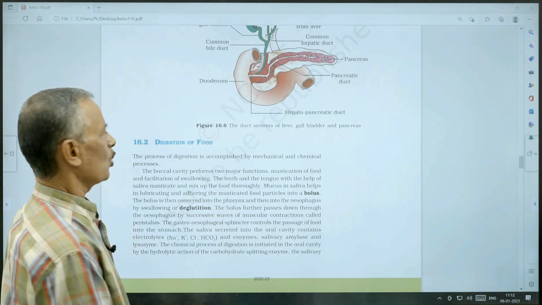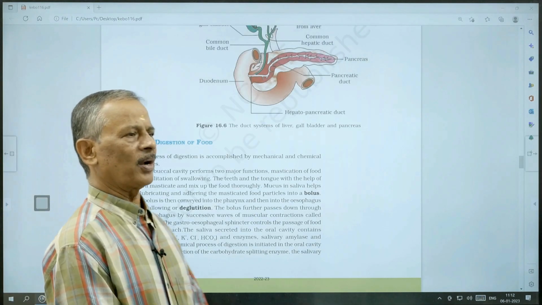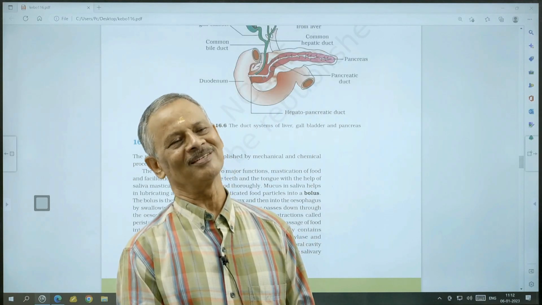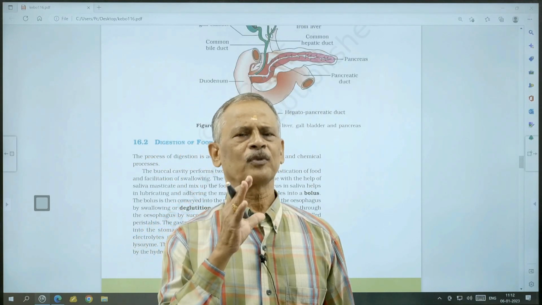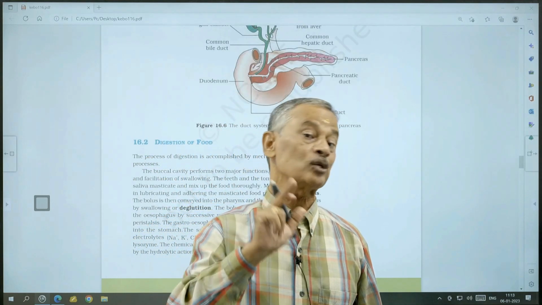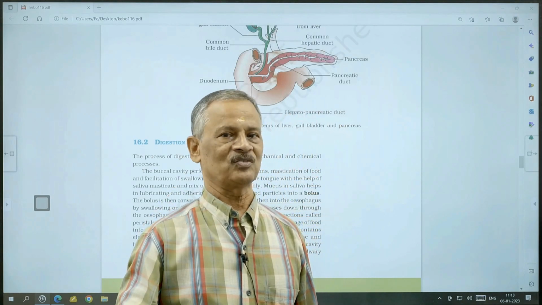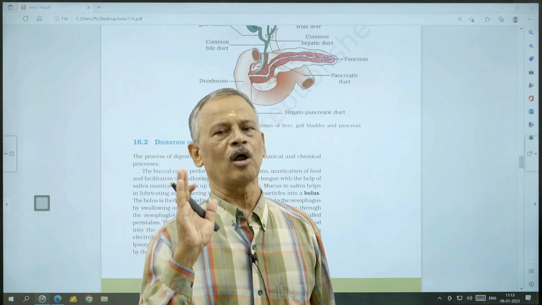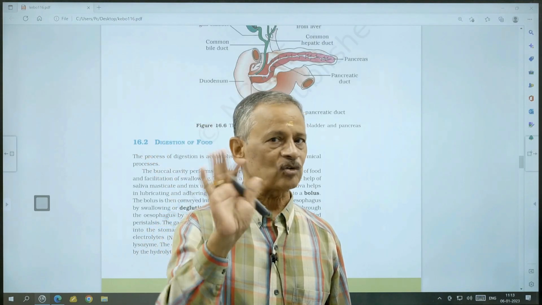Food remains in the buccal cavity only for a short time, so our digestion is never complete. It is only partial. Only carbohydrate is digested, and that too, 30% of starch is broken down into disaccharide. Digestion is not complete there.